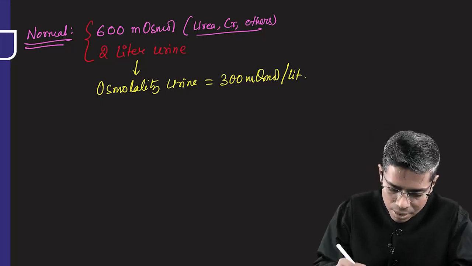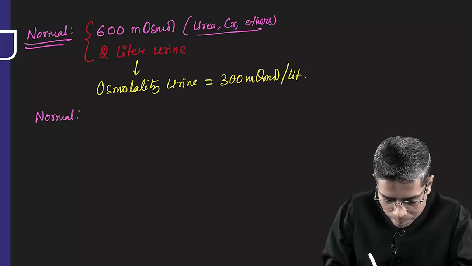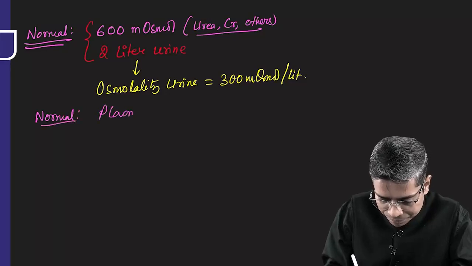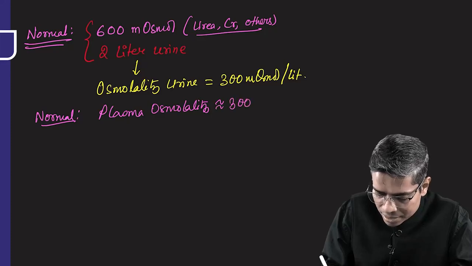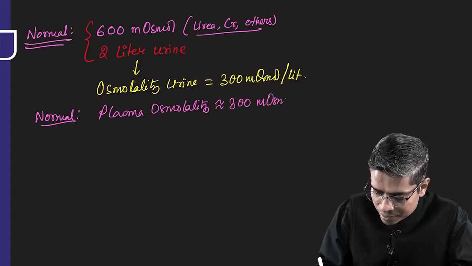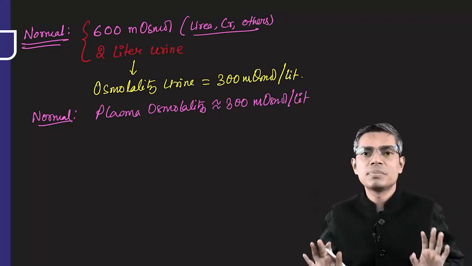What is the normal plasma osmolality? Normal plasma osmolality is approximately 300 milliosmoles per liter. Actually that is 285 to 290, but approximately 300 milliosmoles per liter.